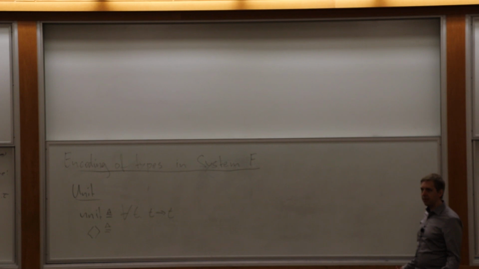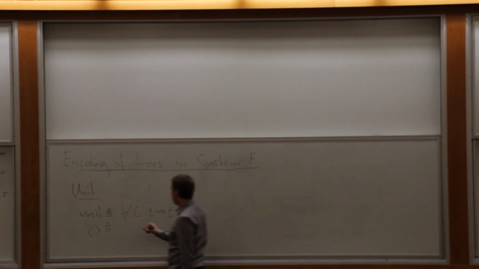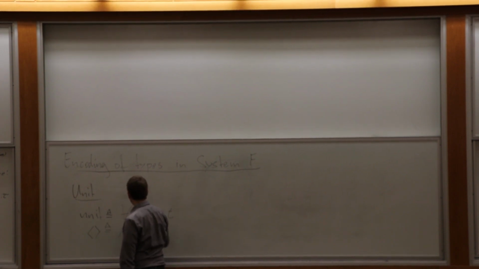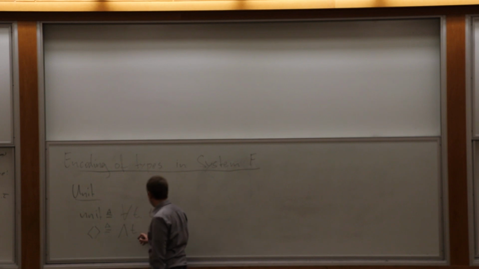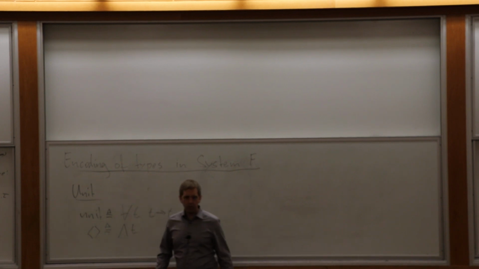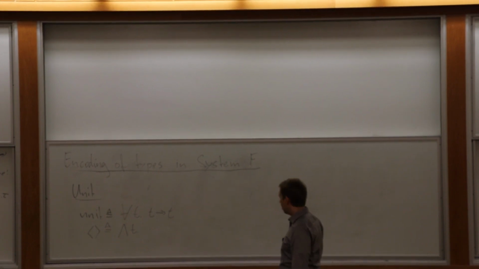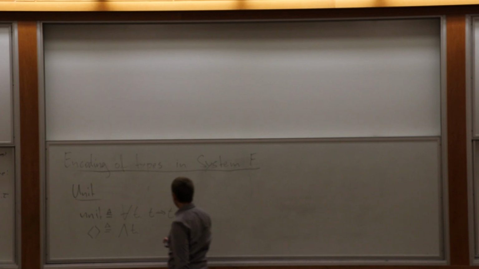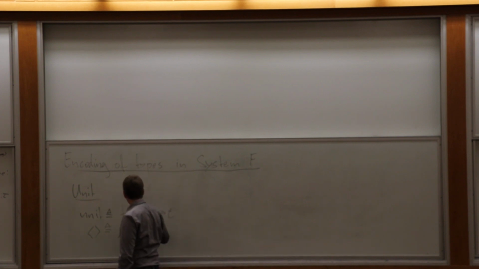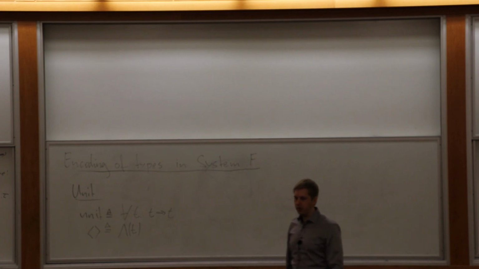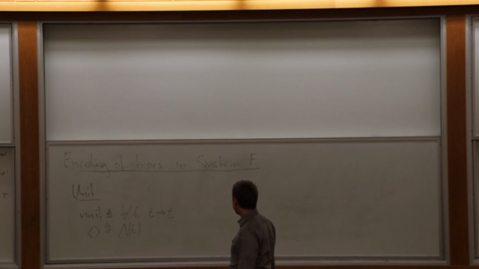We have the for all, so we have to start with a type abstraction, with a big lambda. So for all t, where t is a type. I use the syntax that Bob uses. Now what do we have to do?